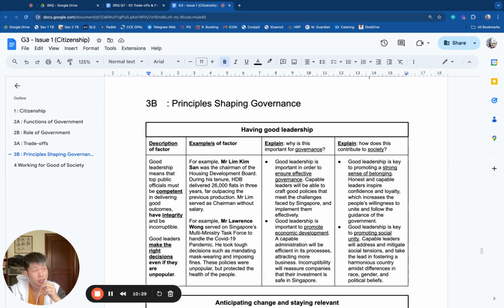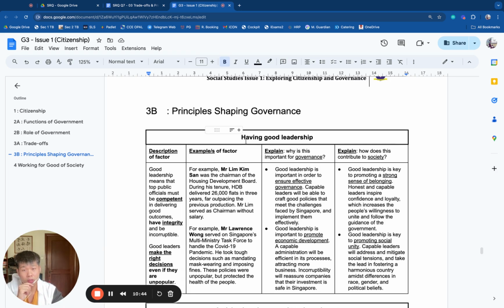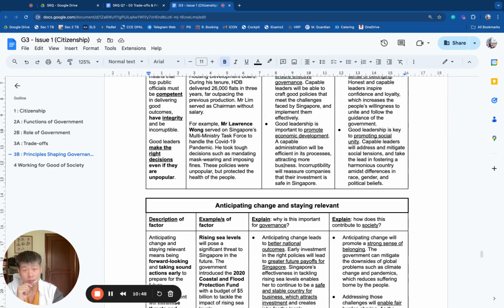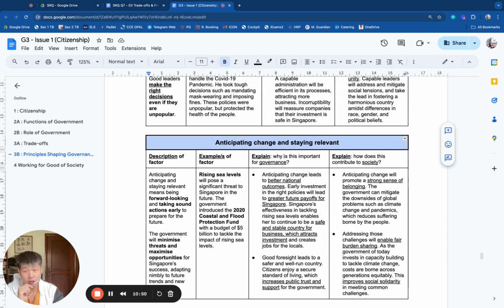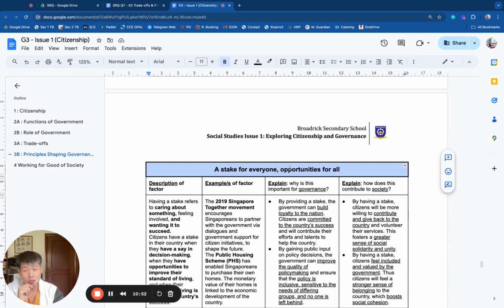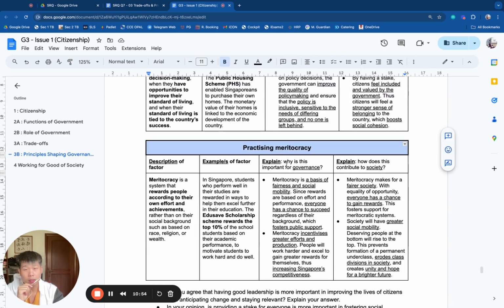Because ultimately, when we decide, we are not deciding for one side or the other based on biased feelings. We are deciding based on what achieves the betterment of society or the good of society. And broadly speaking, the government's decisions align to these four cardinal principles of having good leadership, anticipating change and staying relevant, a state for everyone, opportunities for all, and practicing meritocracy.